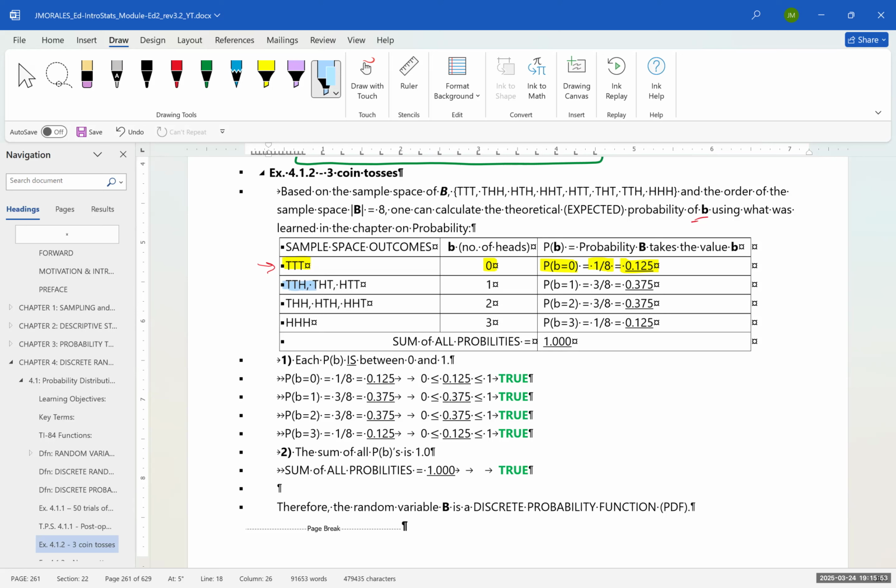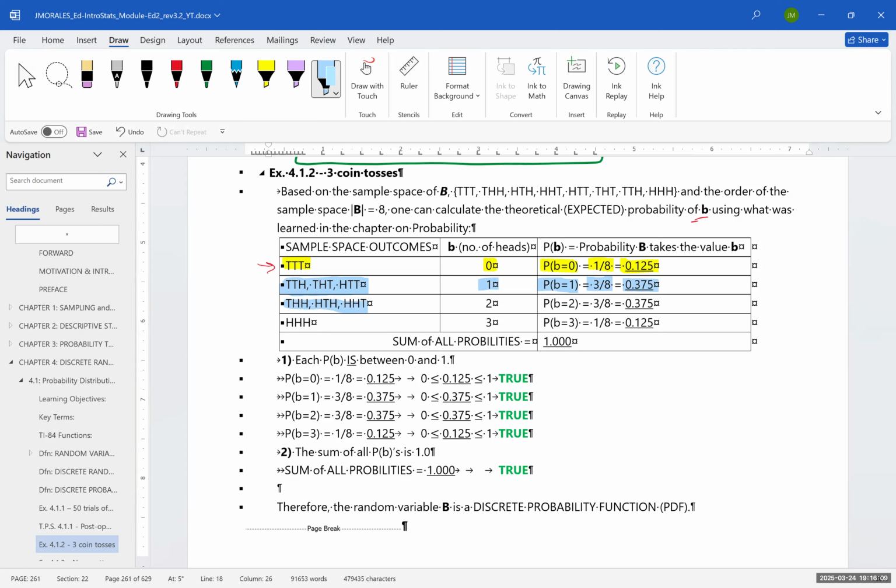Here is the set of outcomes for 1 head. The probability of getting 1 head is 3 out of 8, because we had 3 outcomes with exactly 1 head, and that comes out to 0.375.